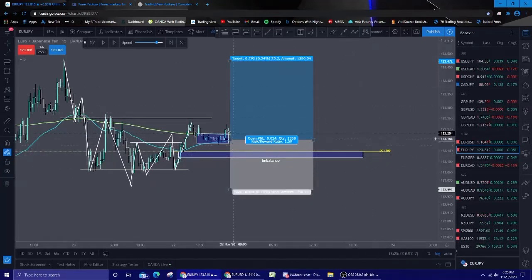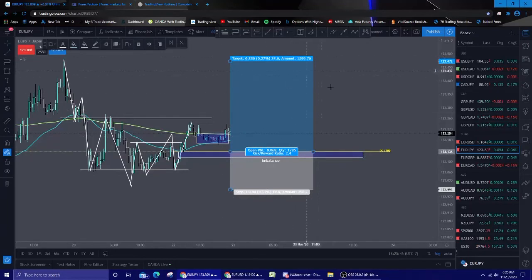So really what I should have looked for was long positions off of this imbalance level, which worked in conjunction with the daily open level, and I would have had a better risk to reward ratio.